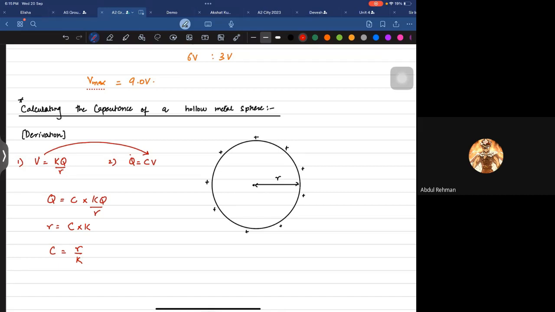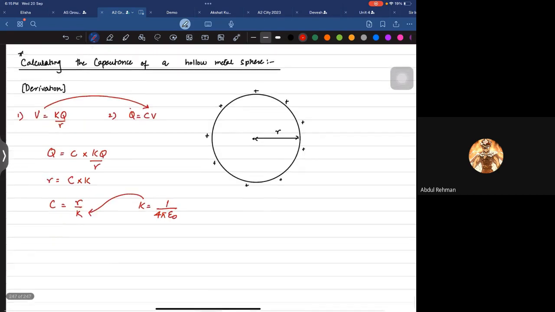Please look at it. And now check this. K is going to be 1 upon 4 pi epsilon. So if I put it right here, it's going to be C equals r upon 1 over 4 pi epsilon. This goes up. So it's going to be 4 pi epsilon times r.